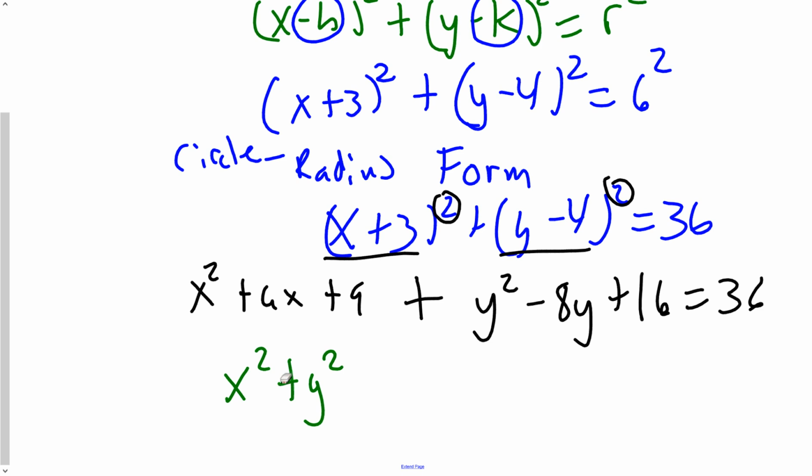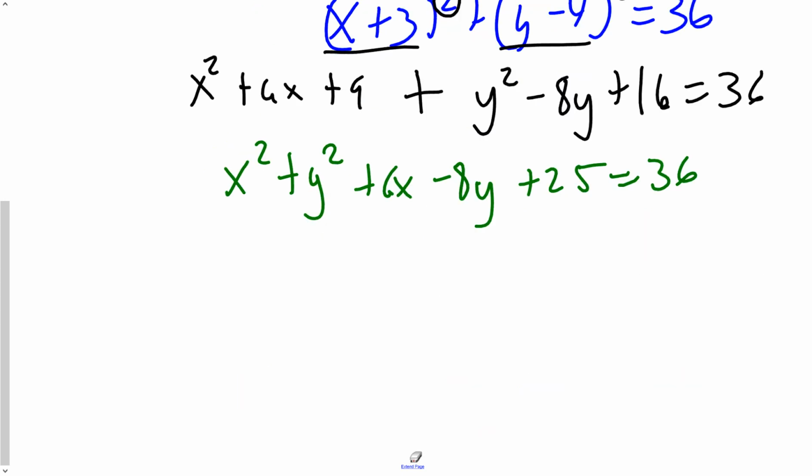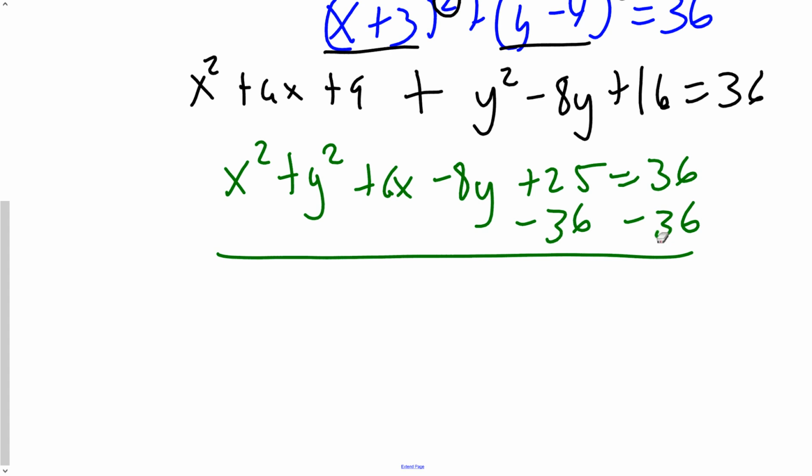And then we have plus 6x, then a negative 8y, and then 9 and 16 is 25, equals 36. But if I want it in general form, then I need to move over this 36, and I can only take it away from the 25 there. So this would be the general form of that same equation.